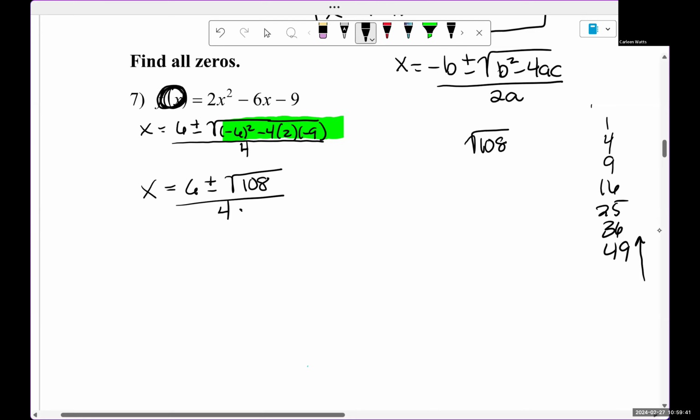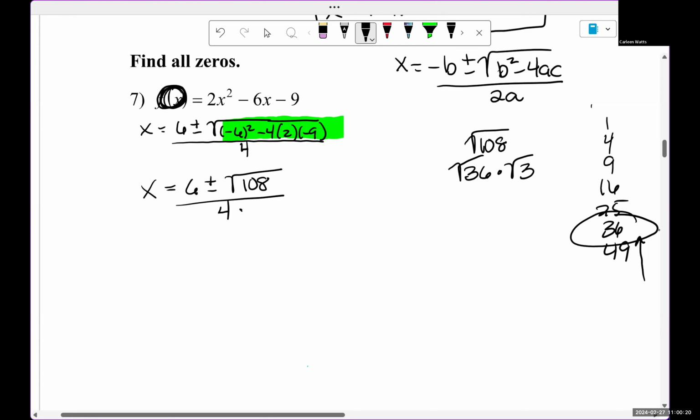Actually, I don't know. Oh, okay, let's work our way up. So let's try 108 divided by 49. Nope. 108 divided by 36. That's a yes. Can you see 108 divided by 36 gave me a yes? Okay, so this is 36 and 3.